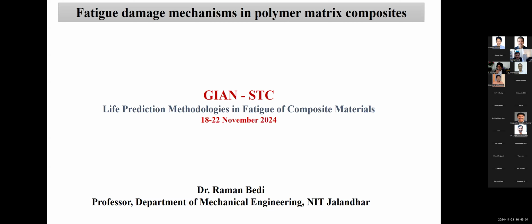In that discussion, I will touch upon the various issues which were highlighted in the last four lectures on stiffness degradation or temperature rise during the fatigue testing, and on what we call the hysteresis loop plots. What data can be inferred from the hysteresis loops, and how stiffness degradation can be correlated from the hysteresis loops which we plot during the tests.